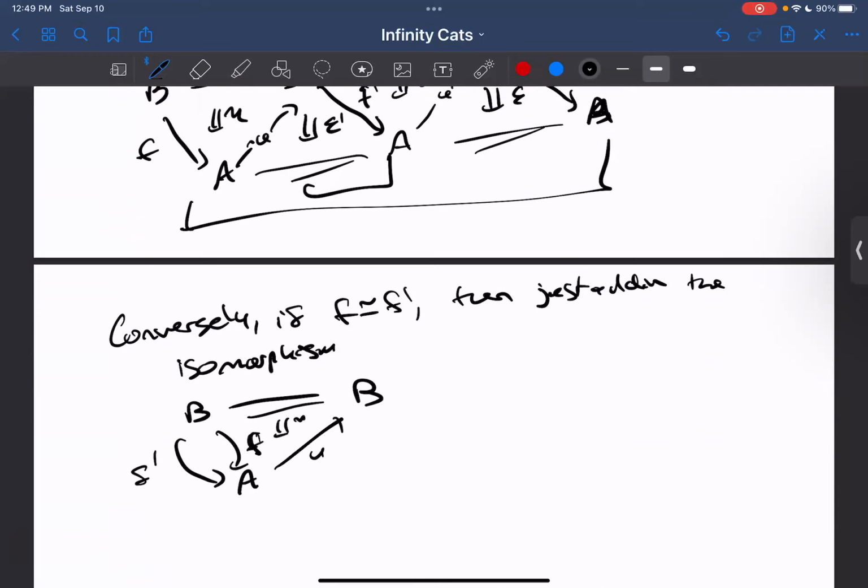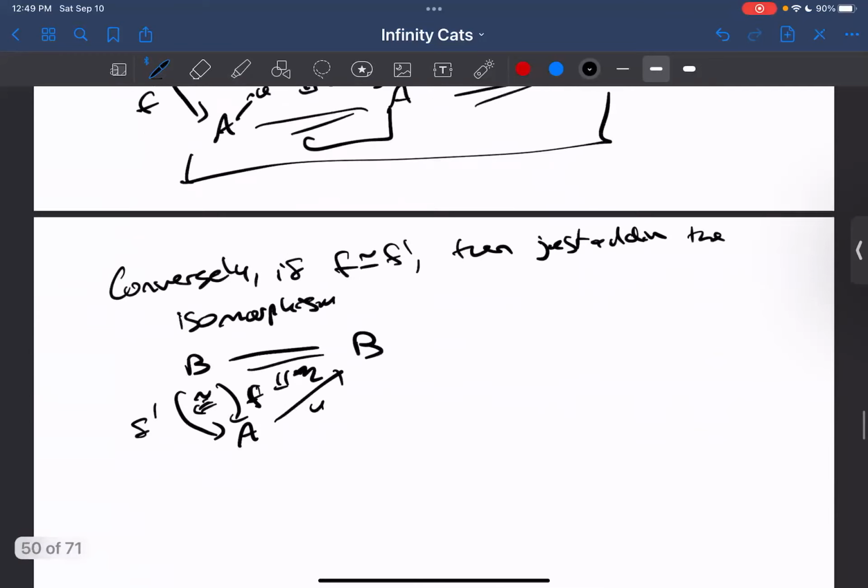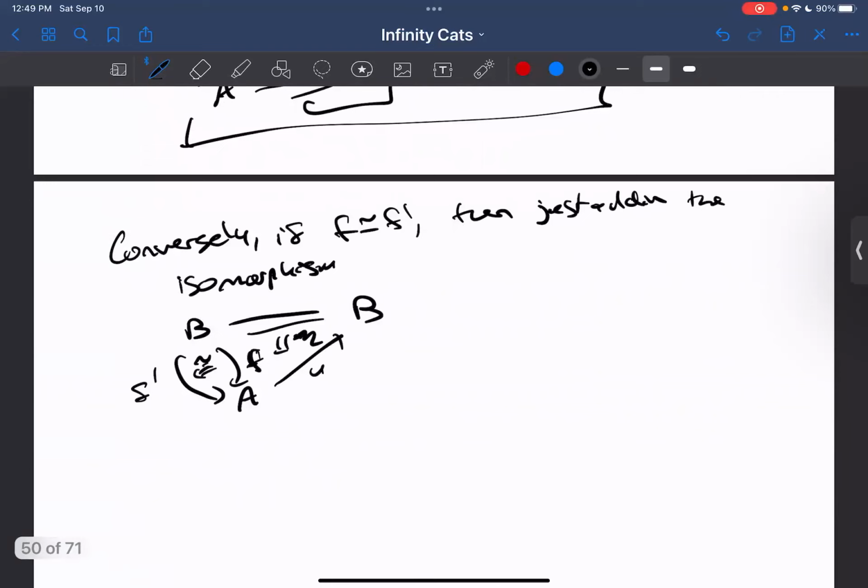Let me do it this way, actually. So you're going to have eta, and then you're going to have some isomorphism here. And your co-unit, that's down here, equals A. You have going up by U to B, and then you can go over here by F and F prime, and here you just do the inverse isomorphism that you had there.